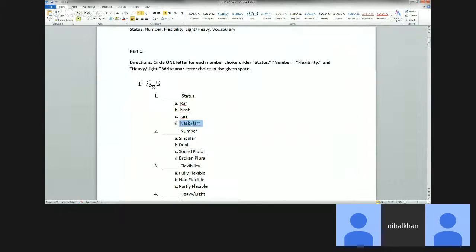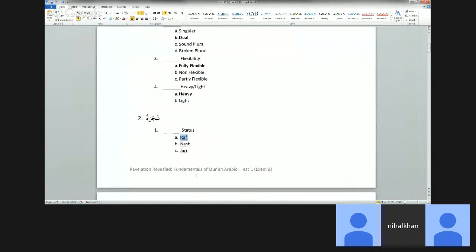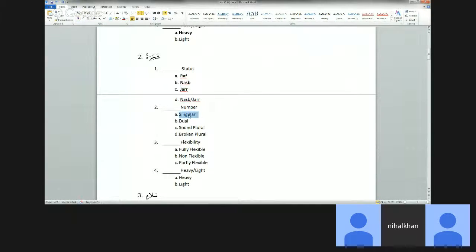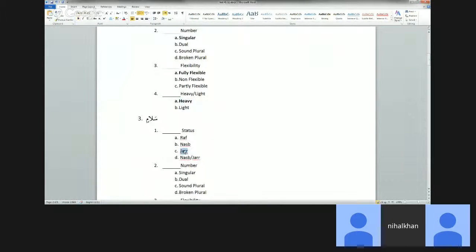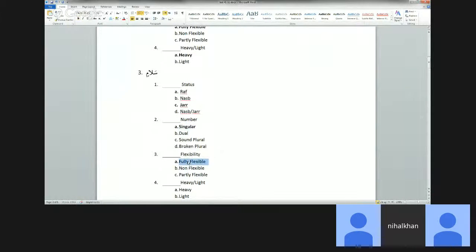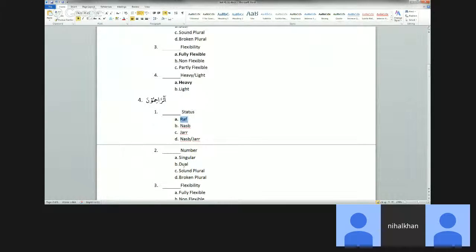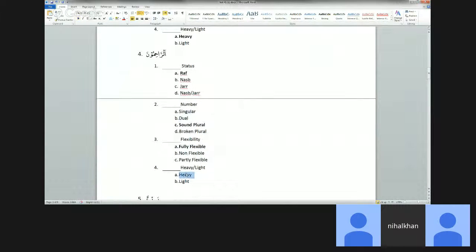Ta'ibina, nasab or jar, dual, fully flexible, and heavy. Shajaratan, nasab, singular, fully flexible, heavy. Salamin, jar, singular, fully flexible, heavy. Rahimuna, rafa, sound plural, fully flexible, heavy.